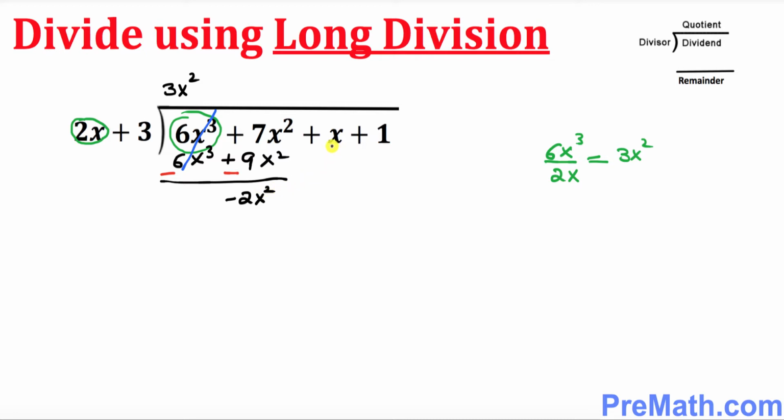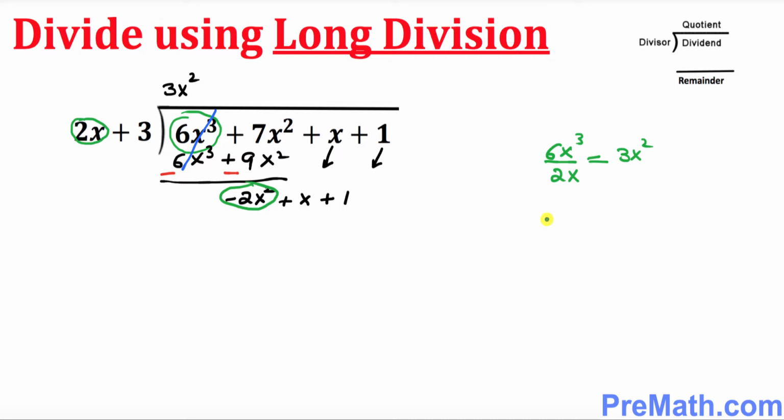Now I want you to bring these two terms down right here, plus x and plus 1. Now let's start the process all over again as we did before. Look at the leading term, which is negative 2x squared.